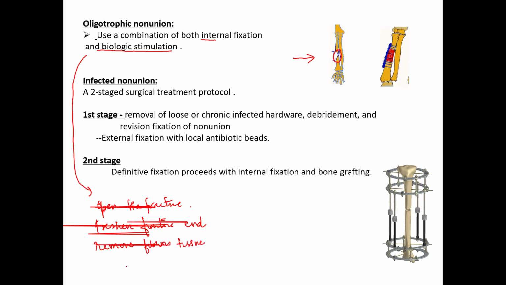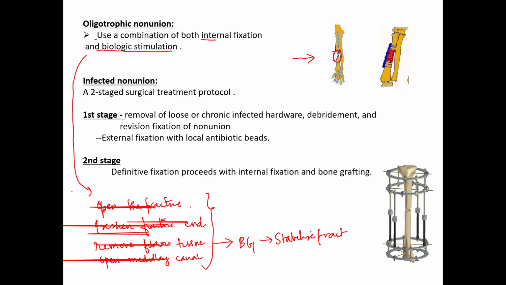Then open the medullary canal. Once you have opened the medullary canal, you have prepared the non-union and made it fresh as if a fracture happened now. Then you need to fill the gap by putting bone graft, and also you need to stabilize the fracture.